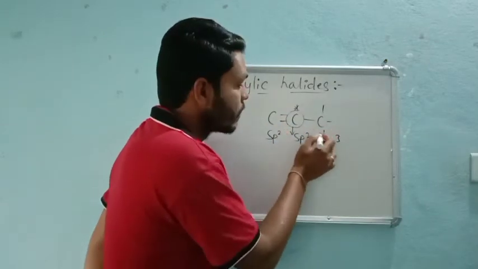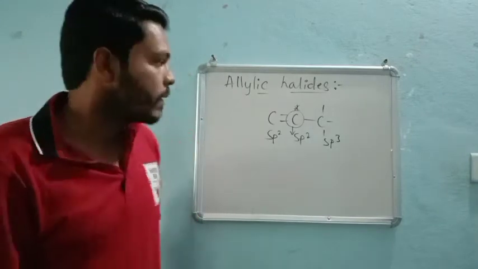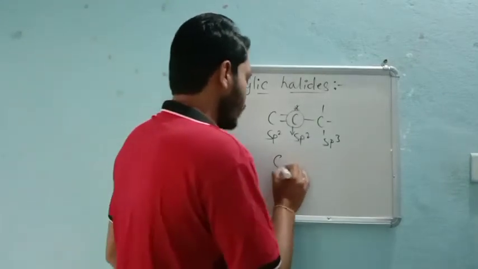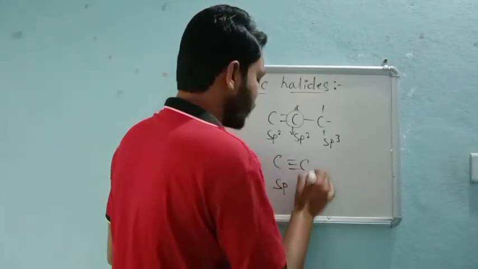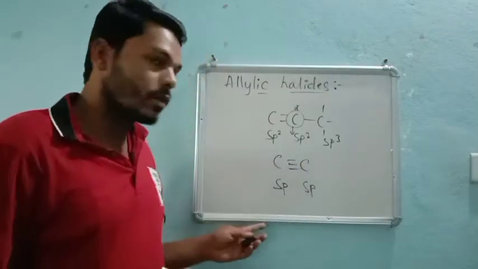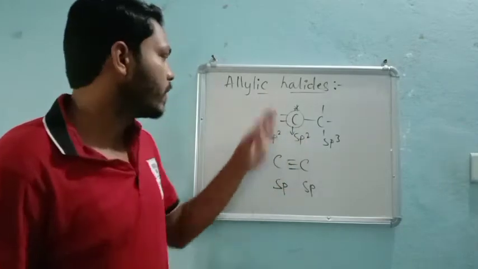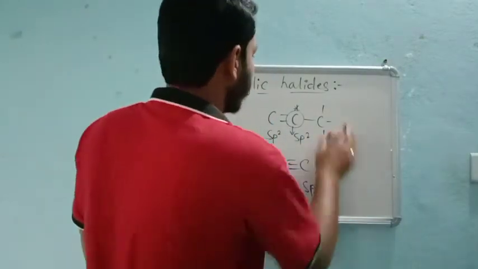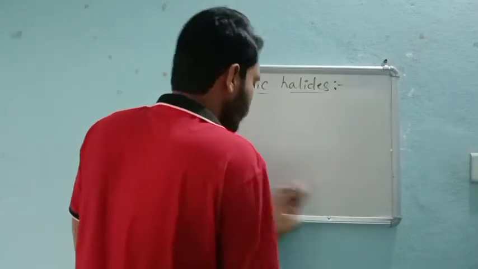So that's why it becomes an sp3 hybridized carbon. And now if it has a triple bond, then it will be of sp type of hybridization. Very important, dear student. Please go through this concept again. Hybridization is very important.